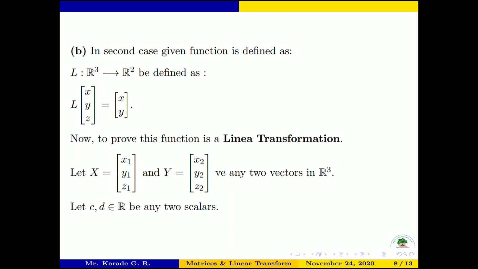Let c, d belong to R be any two scalars. Now let us consider again L of cx plus dy, and finally we show that it is equal to c into L of x plus d into L of y.